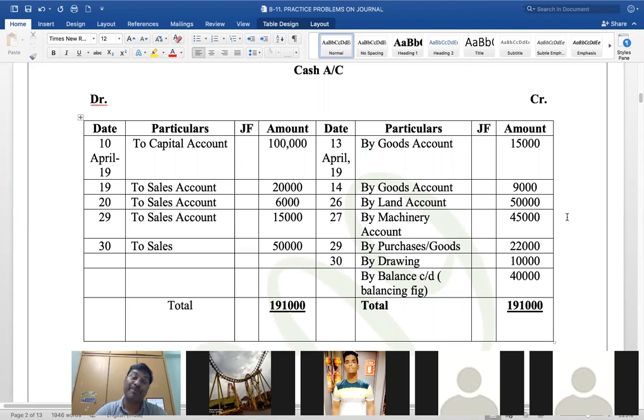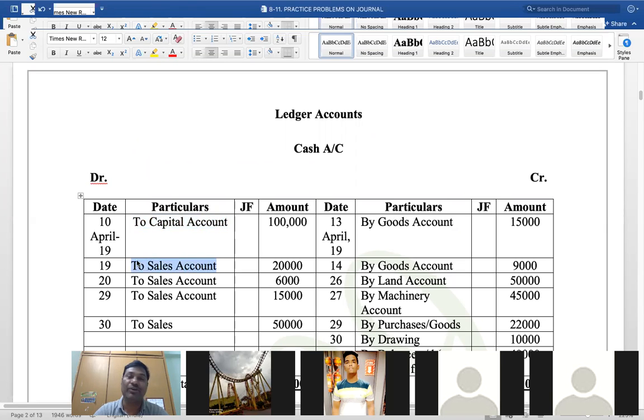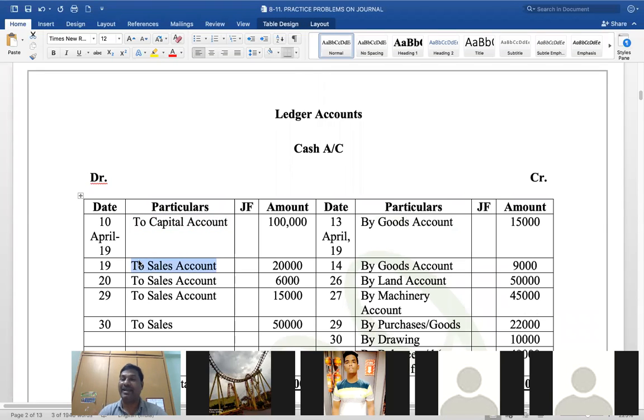Likewise, we have to prepare accounts for all the items. We have picked up only one item, the cash account. You have to do the capital account, the sales account, and the remaining accounts also. We will do that in the next class. Since we have understood the concept, we can speed up.